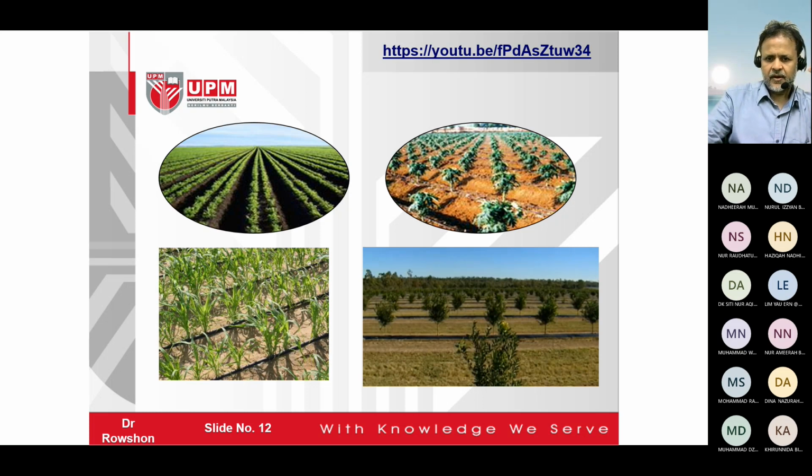This one is an orchard, like fruits, lemon, this kind of thing. It has a plant to plant distance and a row to row distance. Papaya is the same. This is called plant to plant distance, and this is row to row distance.